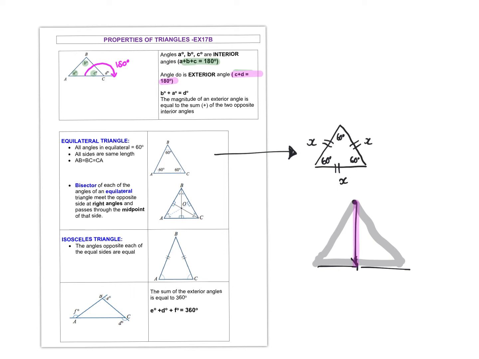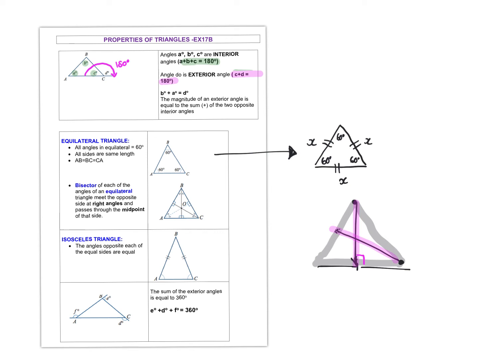And obviously I could put another bisector, going from that tip and cutting it in half there. That would be another bisector. That's what they're talking about here. And they say when the lines meet on the opposite side, my diagram's a bit off, but that's a right angle if you have a bisector. You don't get too much of that language. I don't think I heard bisector much in a further exam, so don't stress too much.